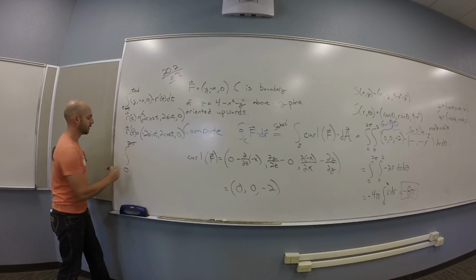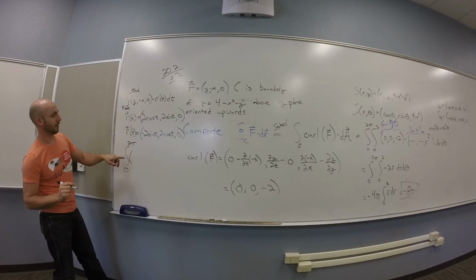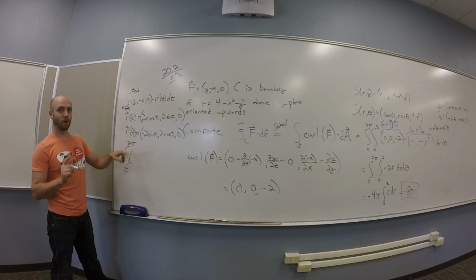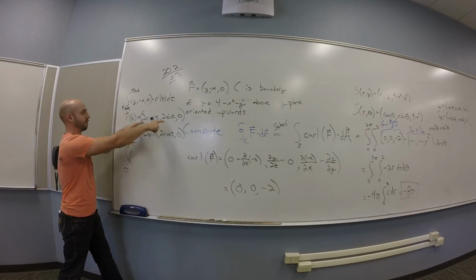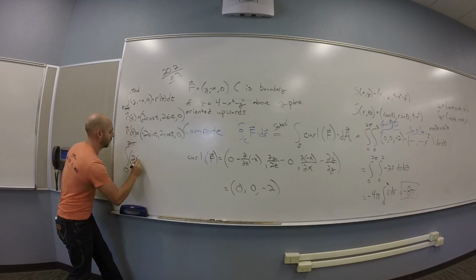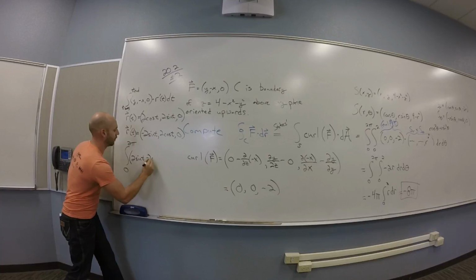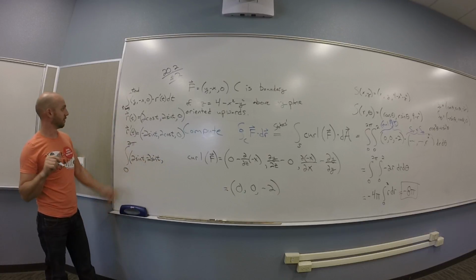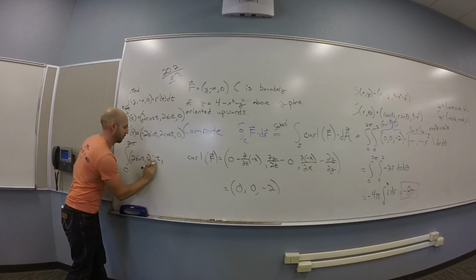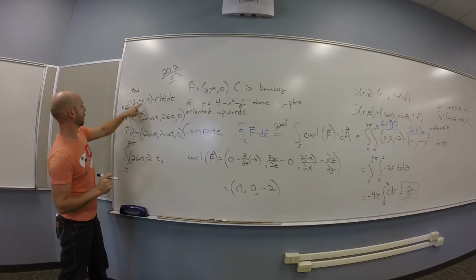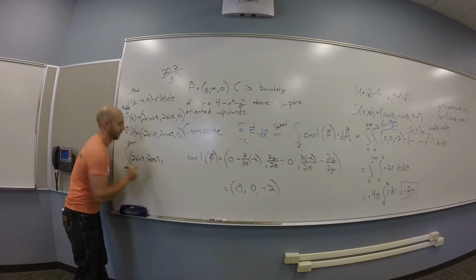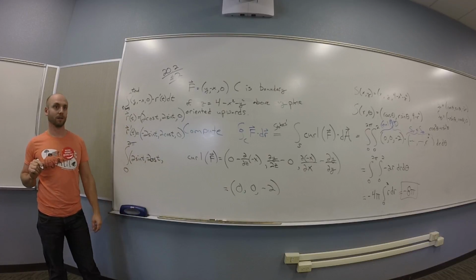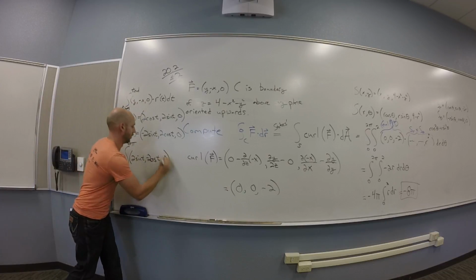Okay. And then here you need F of r of t, right? So we get 2 sine t minus 2 cosine t, negative 2 sine t, comma, wait, shouldn't that be a negative 2 cosine t? The second one? Yeah. Then 0, 0.